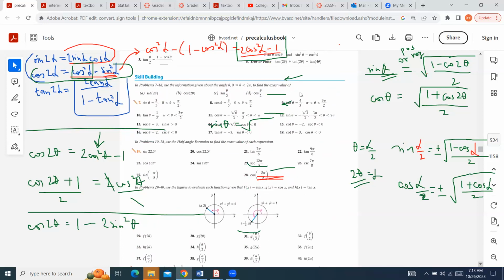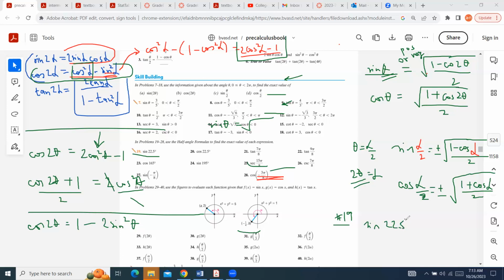I'll do just a couple of exercises to show you applications of this. For example, problem number 19 talks about the sine of 22.5.